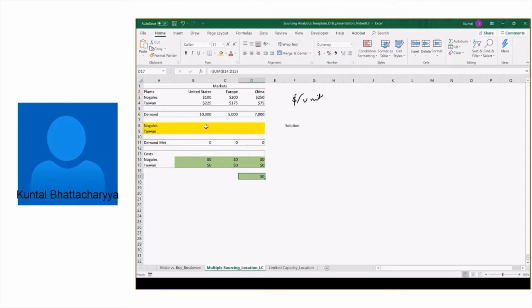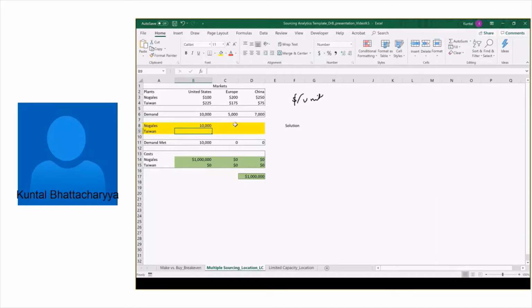So this is a very simple problem. I have no restrictions in place. I have no constraints in place, right? So I am looking at this and I'm saying, between Nogales and Taiwan, Nogales has lower cost per unit for products. So I want to make this entire 10,000 out of Nogales.